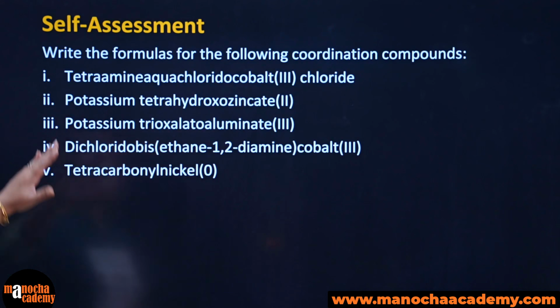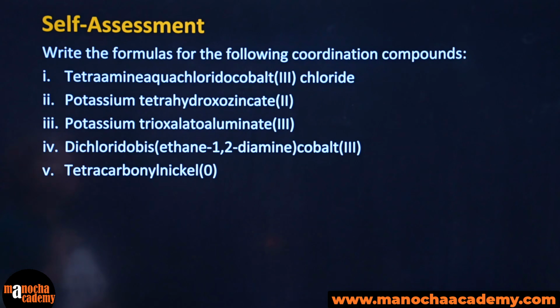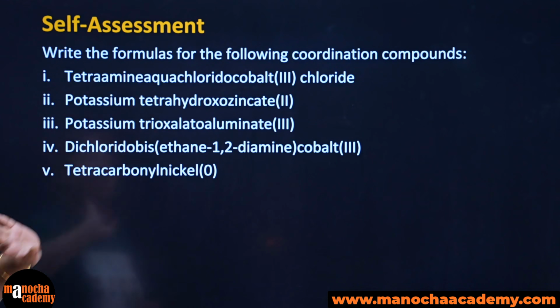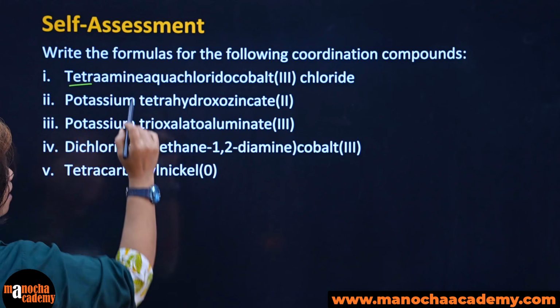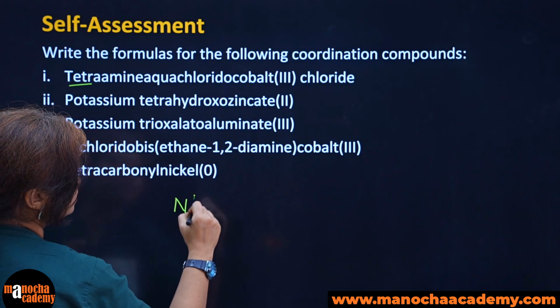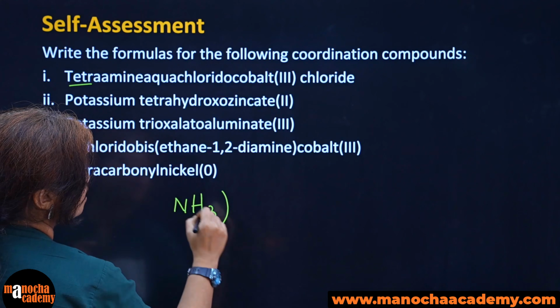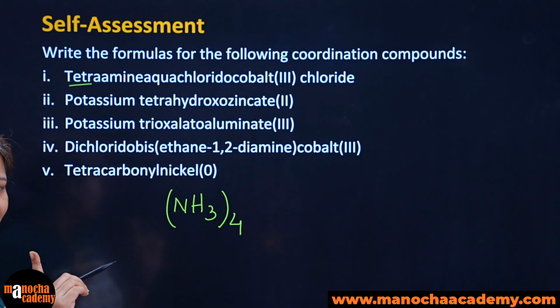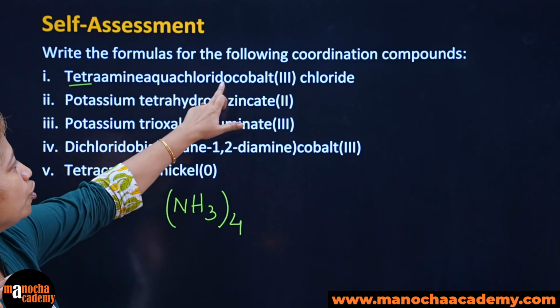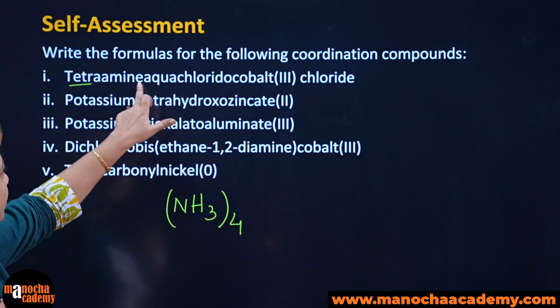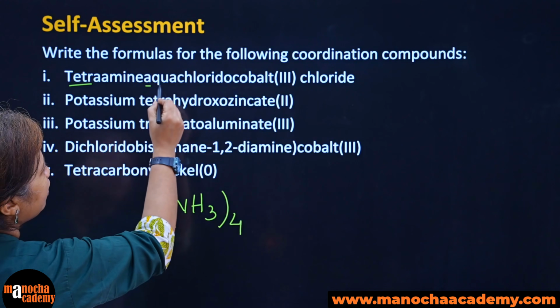Okay. Here we'll do this. Here you'll get to know how from the name we write the molecular formula, that I'll explain. Okay, how do we do? First I'll write tetraamine. Tetraamine means I'll write how many amines are there. There are 4. Done. Next, chlorido is mentioned. Now tetraamine, then it's aqua written.